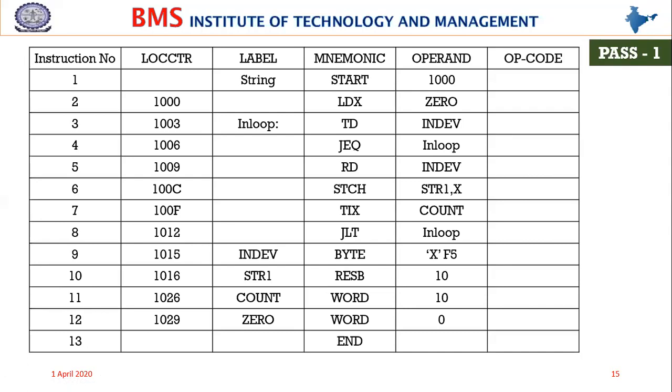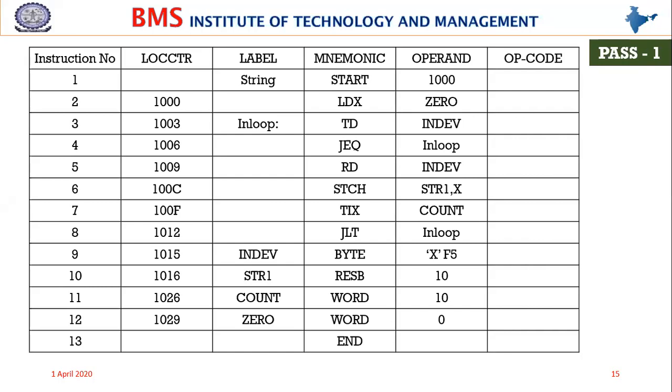It is using indexed addressing mode for storing, and it is testing the device as well as reading the device. Now we have 7 instructions, excluding all the declaration statements. So we shall assemble these.